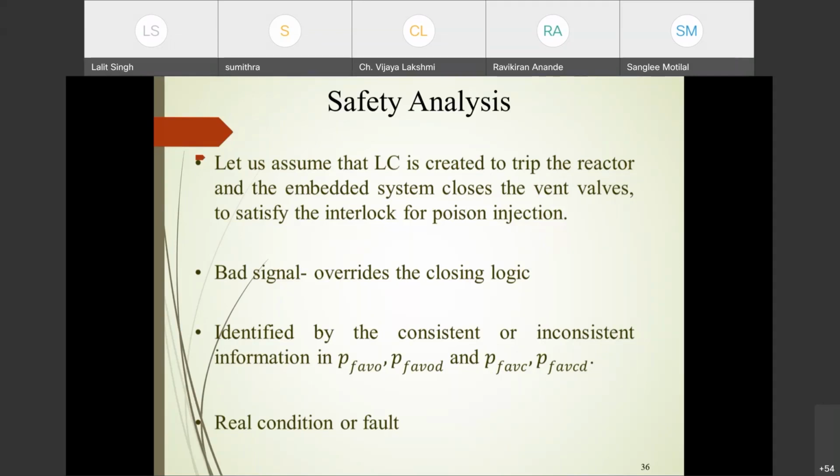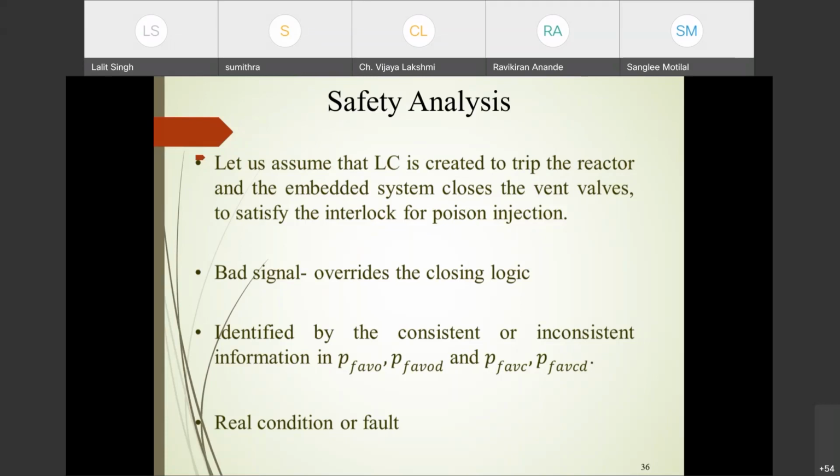But because of some security issues, if your system is distributed in nature, there is some embedded system, the field sensors send the signal to the embedded system, the embedded system sends the signal to the display unit, and the display unit sends the signal to actuate the field devices. So suppose some bad signal comes which overrides my closing logic, because closing is a very crucial activity. We have to close the vent valve.